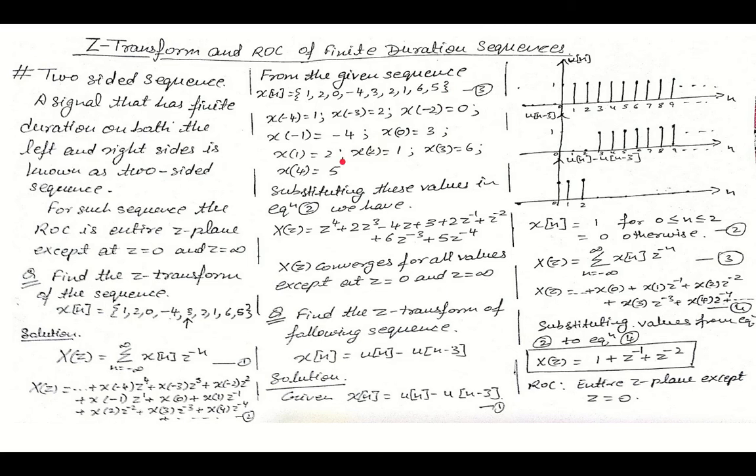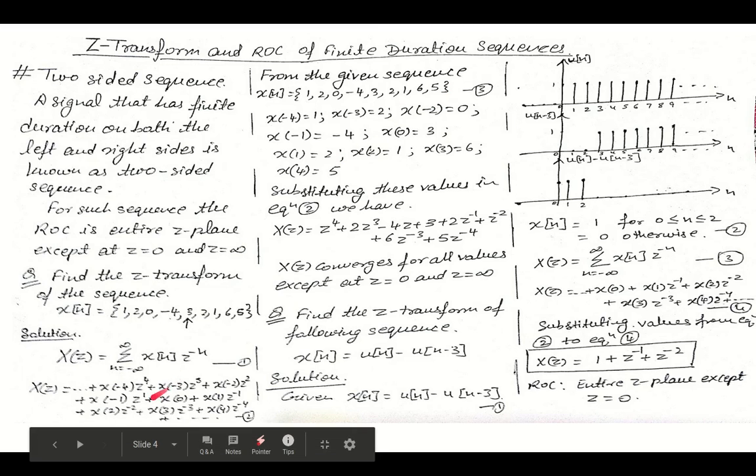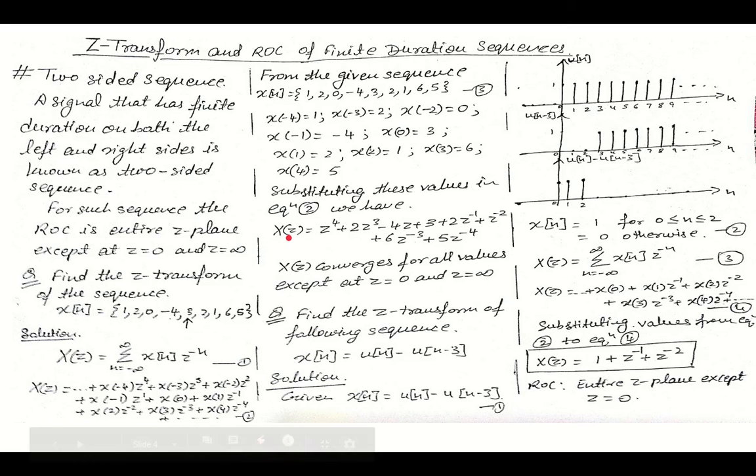Now subsequently I can put these values in this equation number 2, and I can obtain my Z transform, that is X(z) is equal to z to the power 4 plus 2z cube minus 4z plus 3 plus 2z inverse plus z to the power minus 2 plus 6z to the power minus 3 plus 5z to the power minus 4.